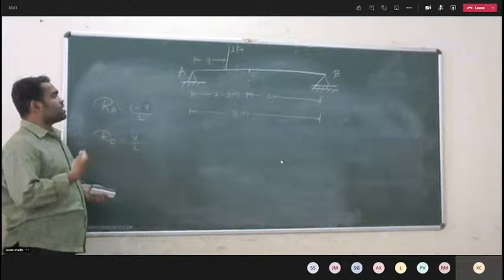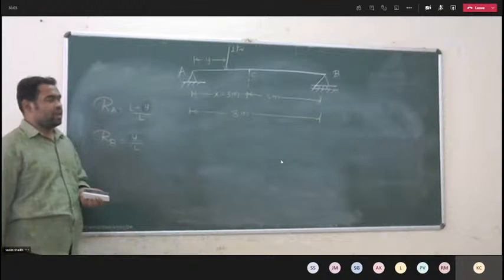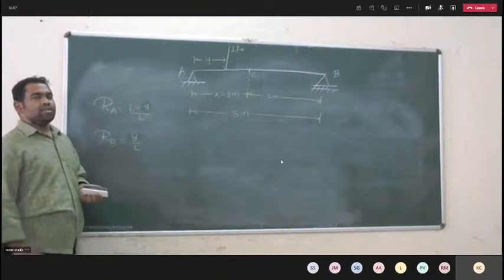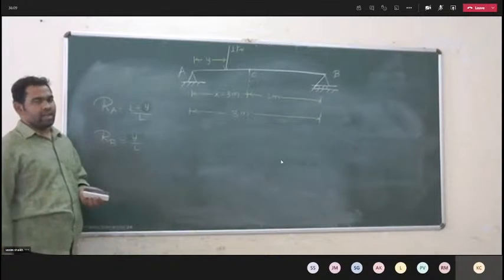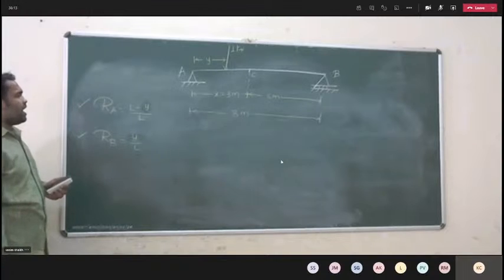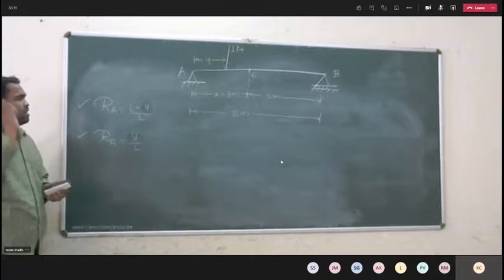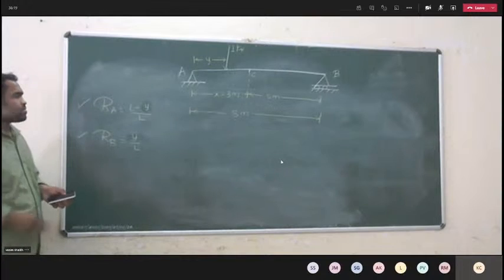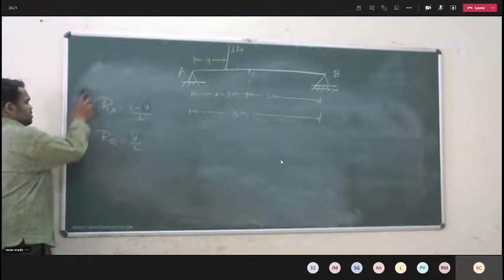Like that we have to prepare one table, then draw the ILD. So first we write down these two values: RA is L minus Y by L and RB is equal to Y by L.